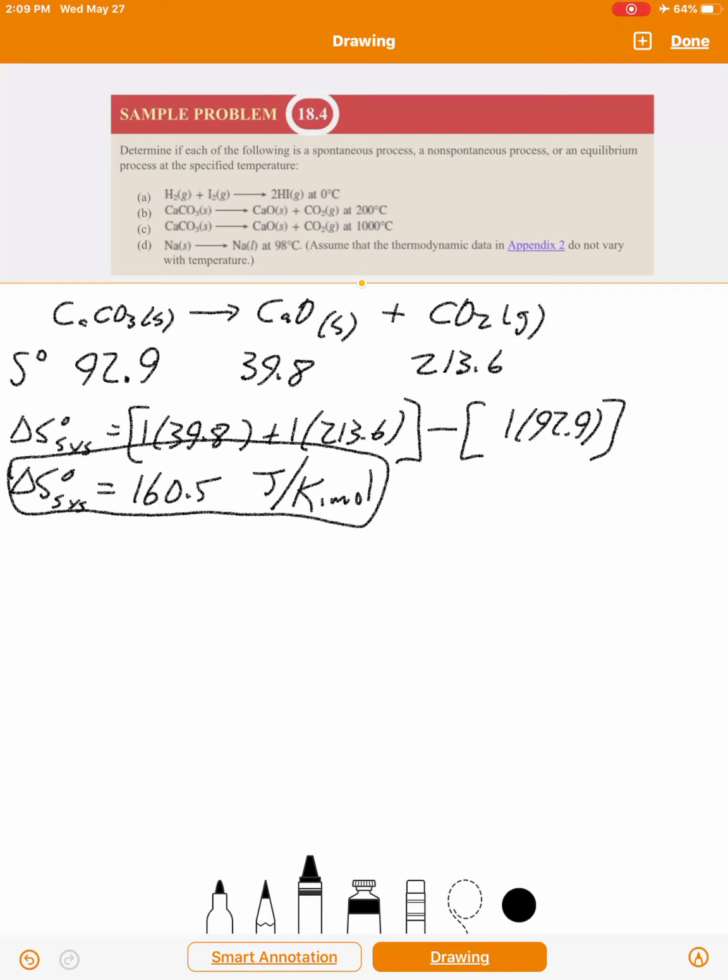Okay. Now we're going to do delta S of the surroundings by looking up the delta H of formation values for each of these. For CaCO3, it's negative 1206.9. For CaO, it's negative 635.6.